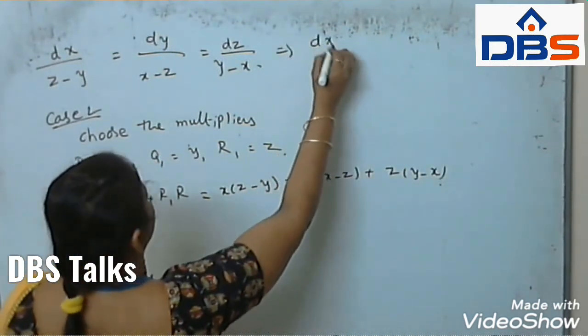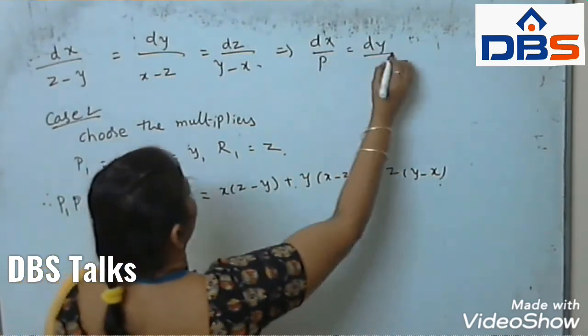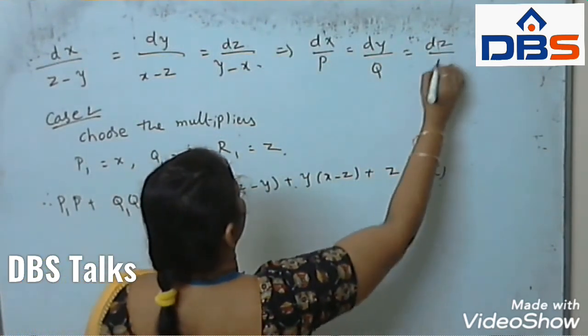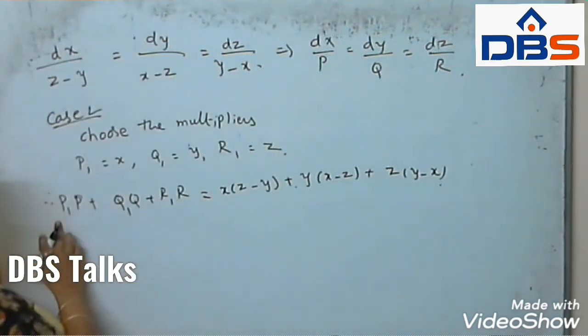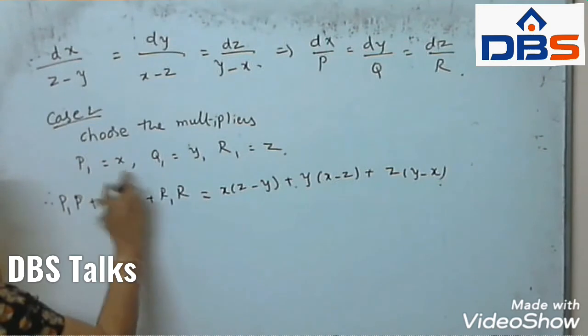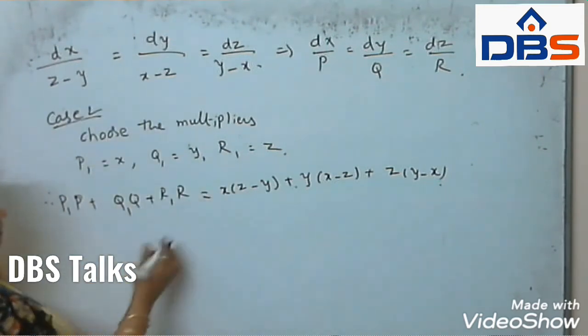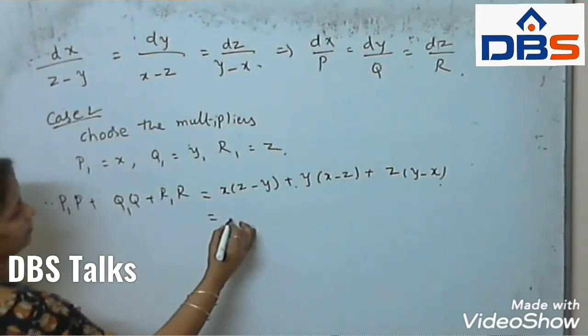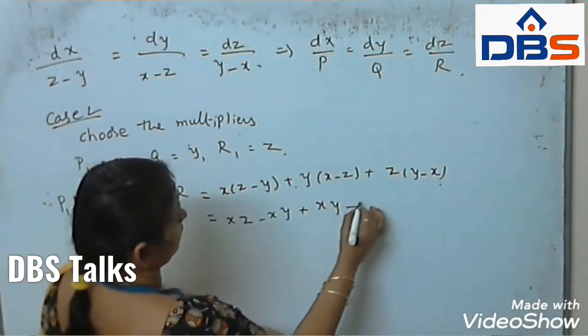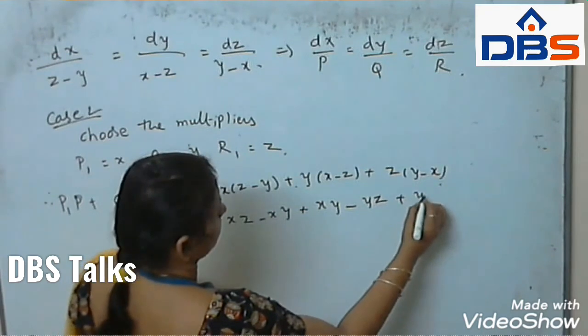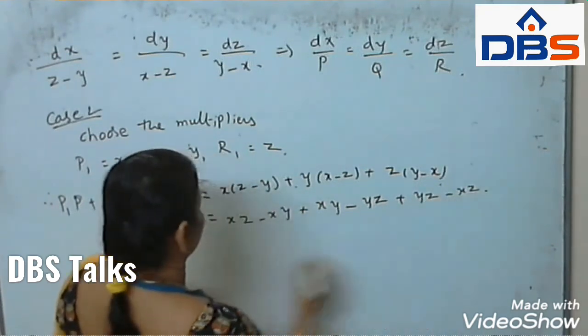This is dx by p equal to dy by q equal to dz by r. P means z minus y. So P1 is x, P is z minus y. So that is equal to xz minus xy plus xy minus yz plus yz minus xz.